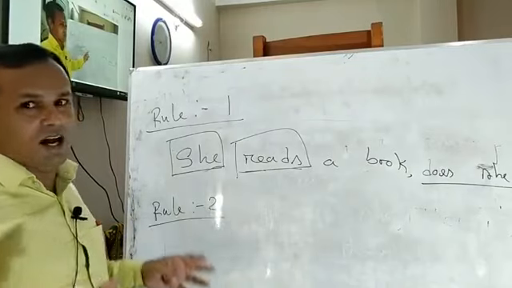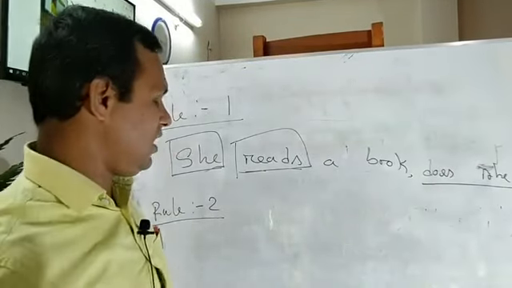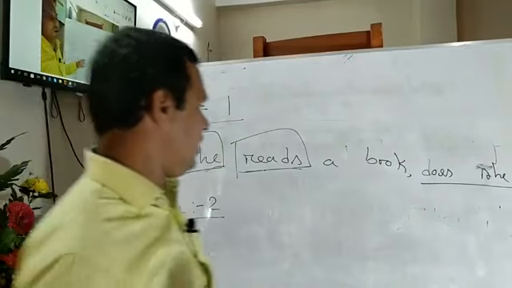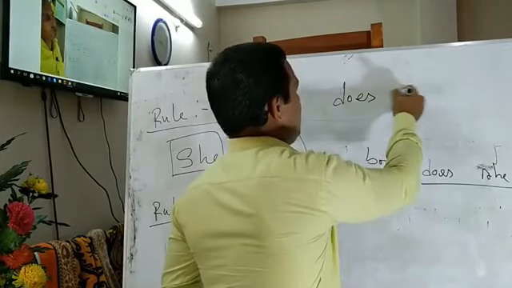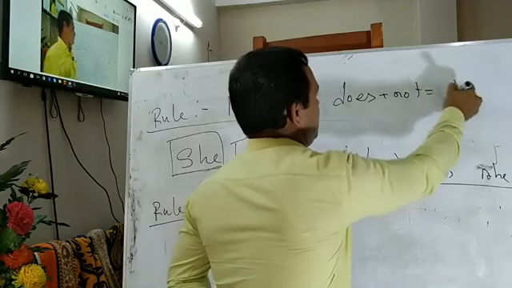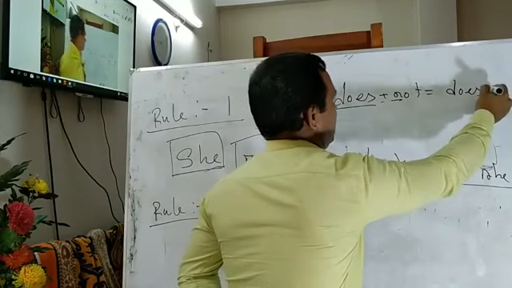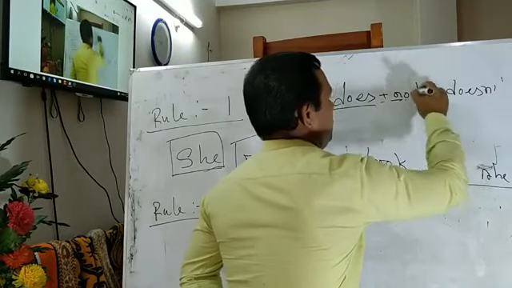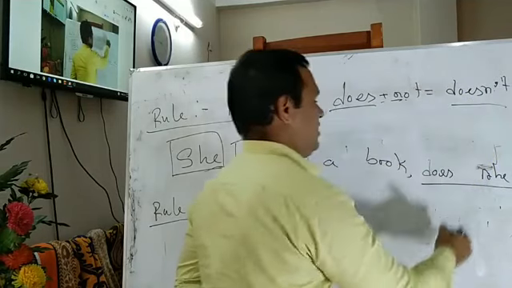So you have to write auxiliary verb plus not in its contraction form: does plus not, does, n, and instead of o you will give an apostrophe t, doesn't.